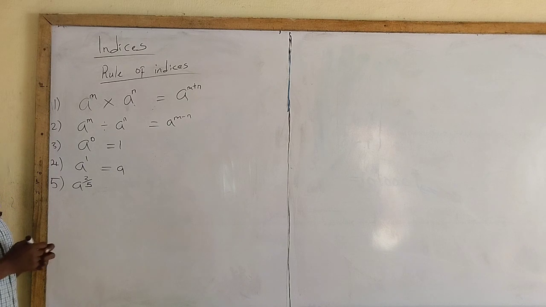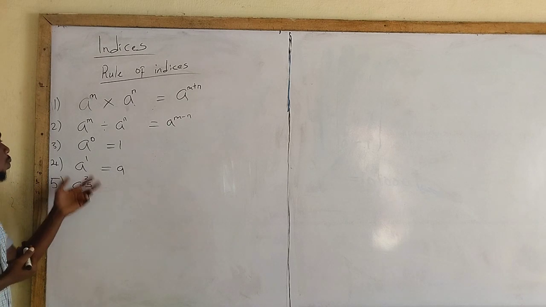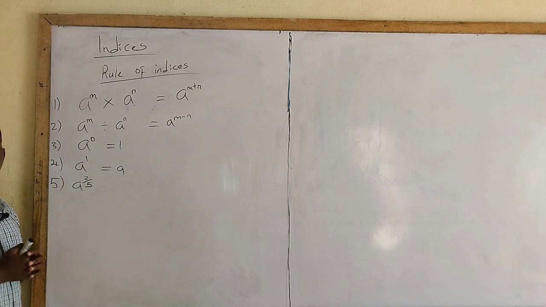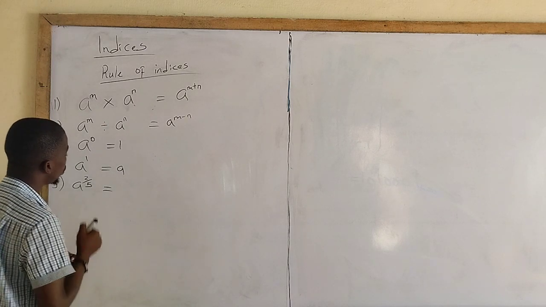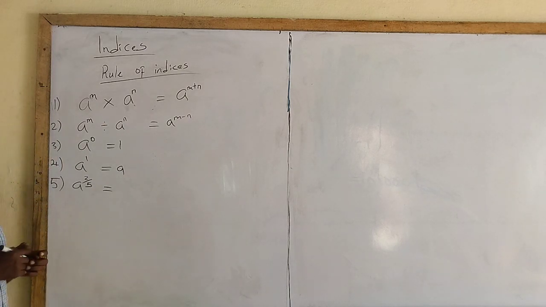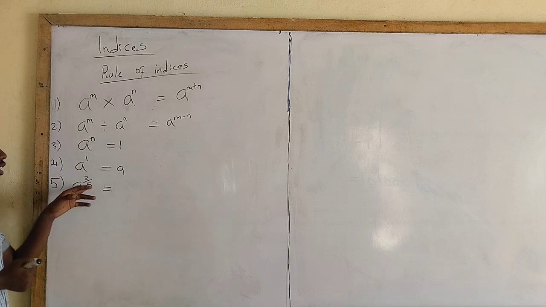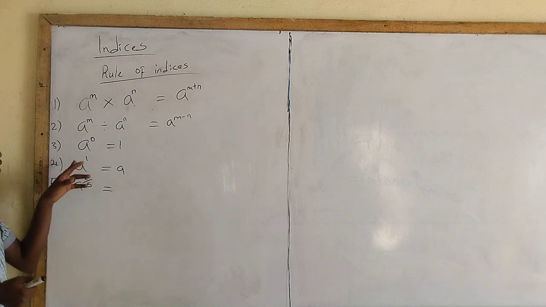The rule says that if you have a number raised to a fractional index, or a number with its power being a fraction, you take the root of the denominator and raise the number to the numerator.